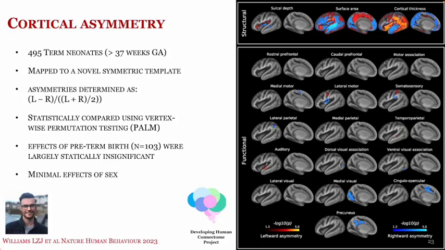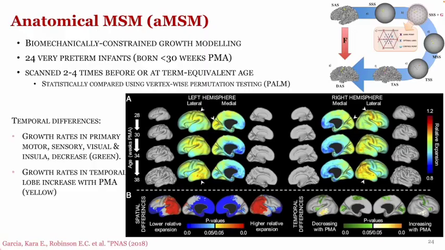In this way, Logan was able to show that many of the asymmetries known to exist in older cohorts of adults and children are indeed present at birth, suggesting that they're genetically encoded. And interestingly, there were minimally statistically significant effects associated with moderate preterm birth, suggesting that these factors may, to an extent, be robust to early adverse environments.